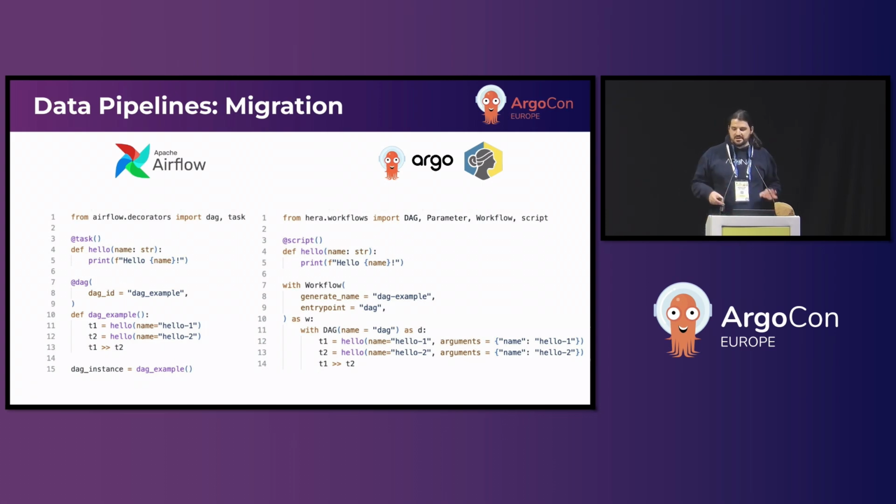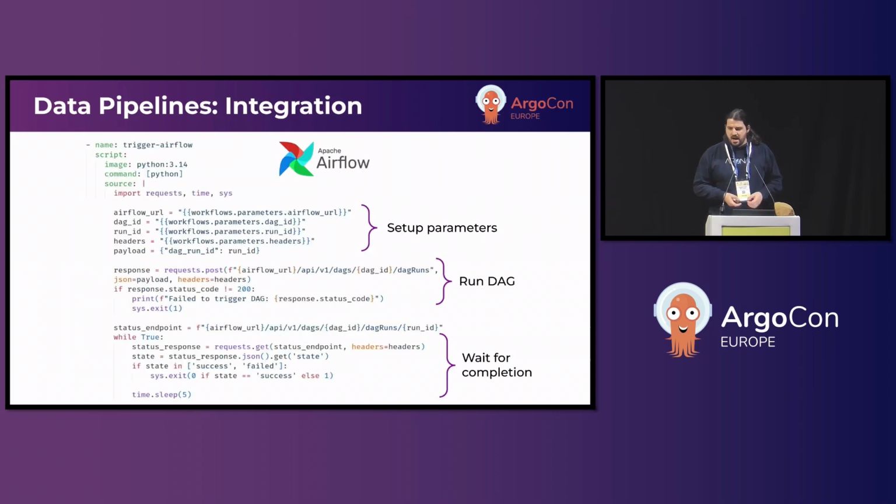You only need to change a little bit in some places, and it's really easy to migrate. It takes one day, and then you have most of your Apache Airflow workflows migrated, which is quite convenient. And integration is a little bit similar to the SLURM case.